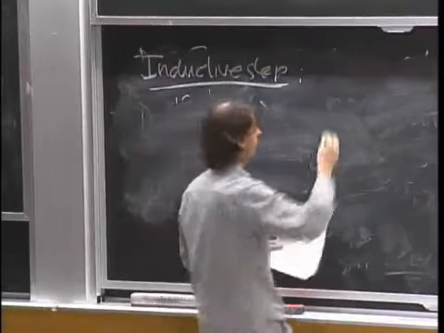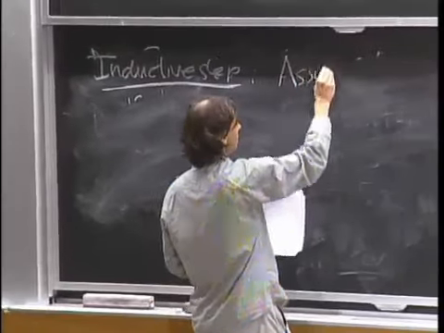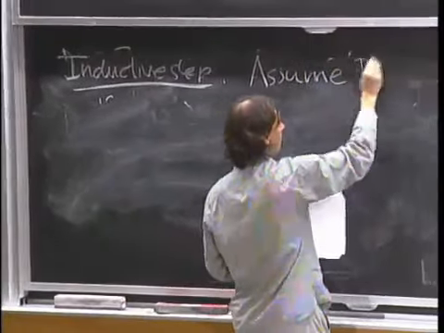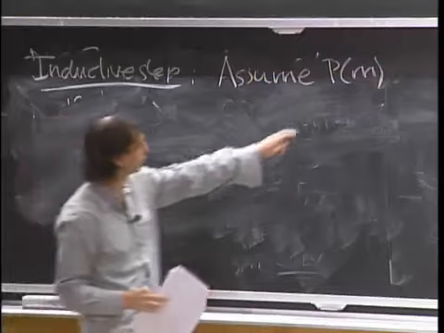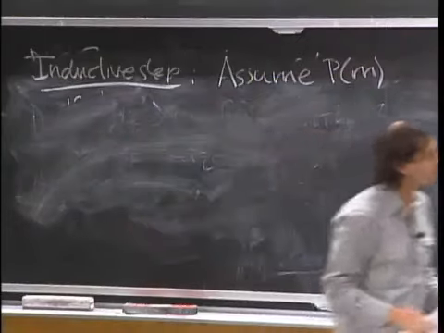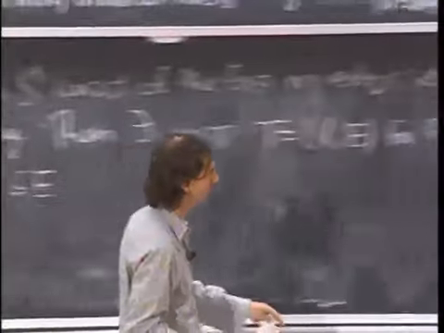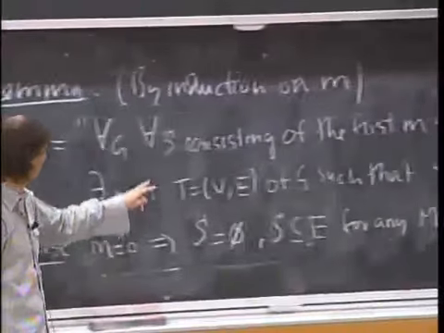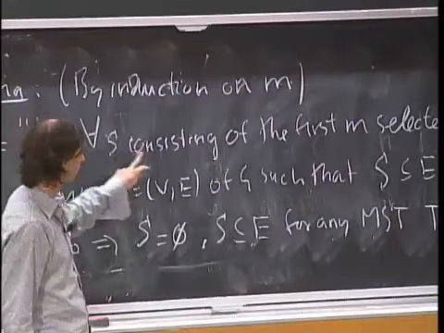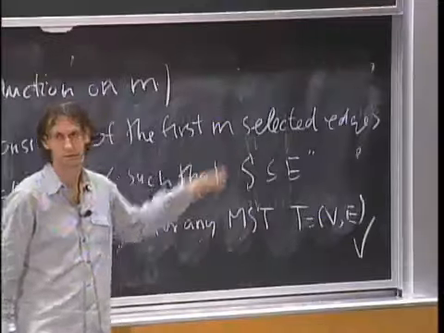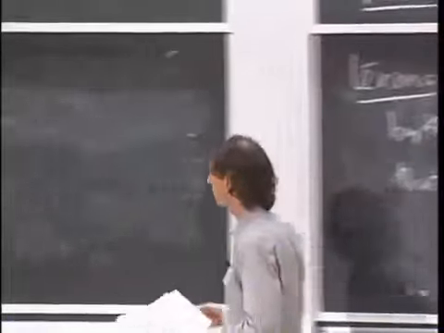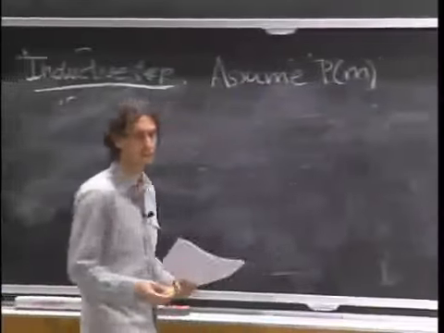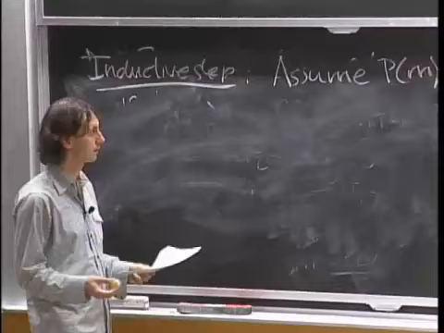Right? We assume that P of m holds. Now, how do we go ahead? So I want to prove P of m plus 1, which is stated over here. So I want to consider the set S that consists of the first m plus 1 selected edges. So, well, essentially what I am interested in is what happens in the m plus 1th step.